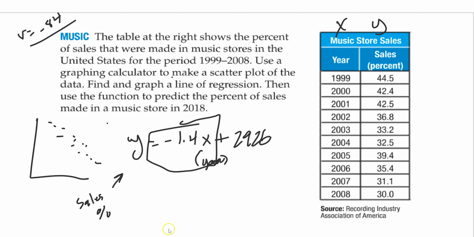Remember, slope is a ratio, right? So negative 1.4 is y over x, and my y here is sales percent, and my x here is years. So what that's telling me is that every year it's going down another 1.4 percent. So every year I'm going down negative 1.4 sales percent per year. Just like anytime you see the slope, just add a per.